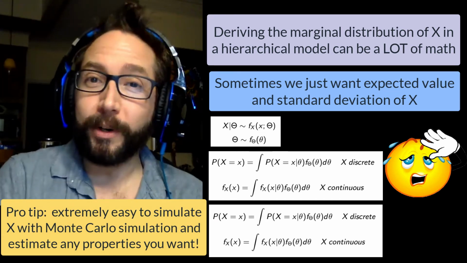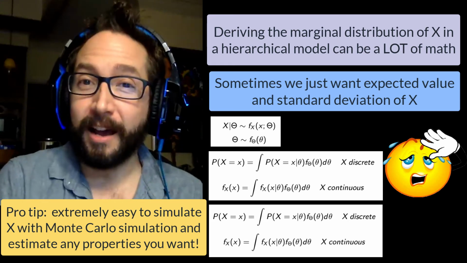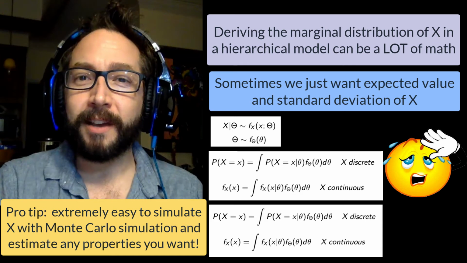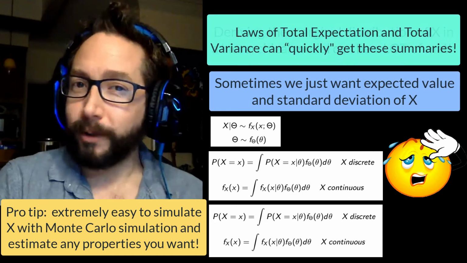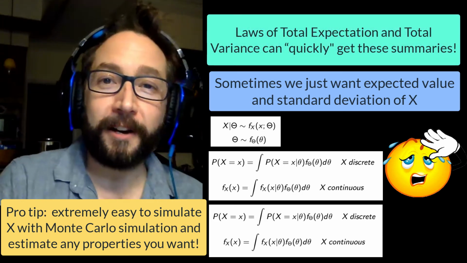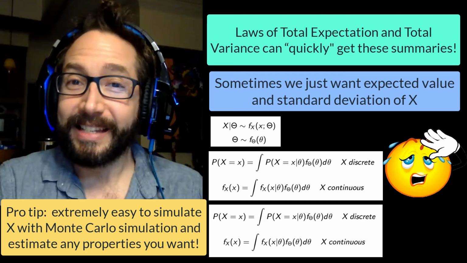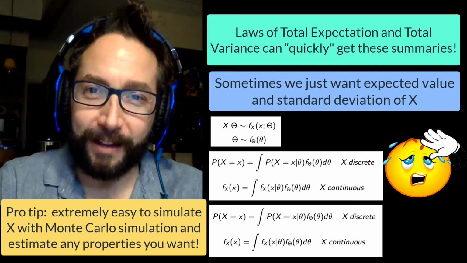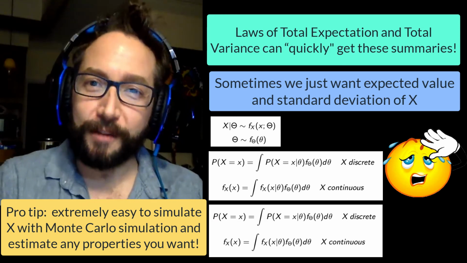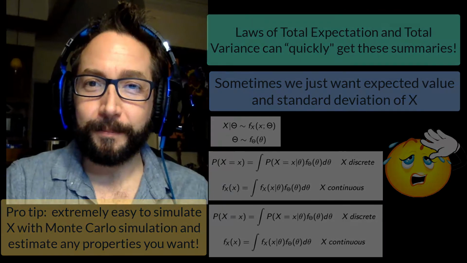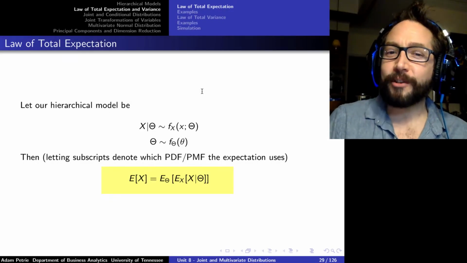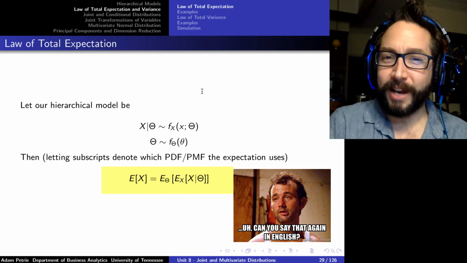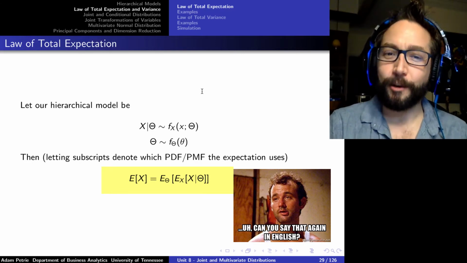And so there are some shortcuts where we don't actually have to derive the full probability distribution for X in order to get these quantities. There are two laws, the law of total expectation and the law of total variance, that will allow us to at least get the expected value and the variance, which in turn gives us the average value, the expected value, and the standard deviation, that square root of the variance. Now, the notation for this looks a little bit hairy, so bear with me. It turns out that actually working through this typically isn't so bad.